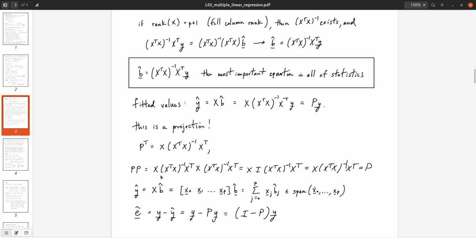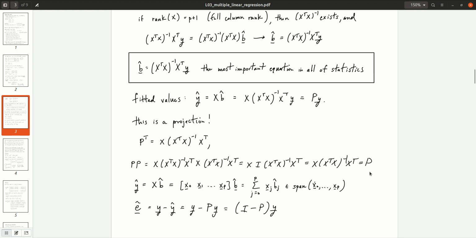If we look at this part of the equation, x transpose x inverse times x transpose x, well, it's the inverse of a matrix times the matrix, and therefore that's just the definition of an inverse. It gives you the identity matrix. So this becomes x times I times x transpose x inverse times x transpose. So x times I is just x, and so we get x transpose x inverse, x transpose, which is P. So therefore it's idempotent. It's symmetric and idempotent, therefore it is a projection.